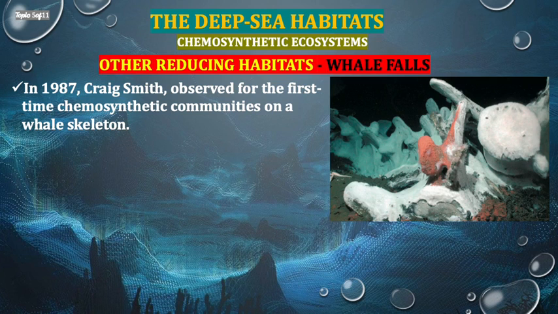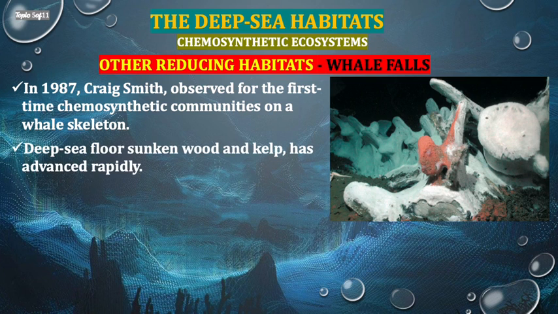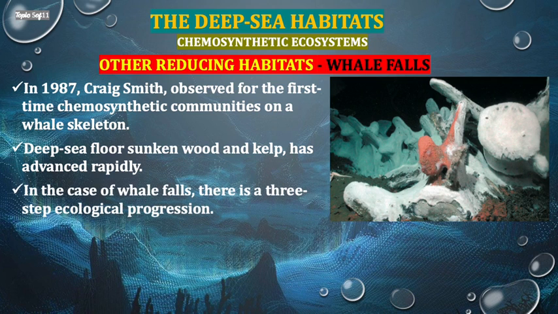In 1987, Craig Smith, while aboard the submersible Alvin in the North Pacific, accidentally came across a whale skeleton on the seafloor and found that a chemosynthetic community was thriving there. And it's not just whales that become a community when they die and fall to the bottom of the ocean, because sunken wood, kelp, and other organic matter also rapidly develop into a chemosynthetic community in the deep sea.